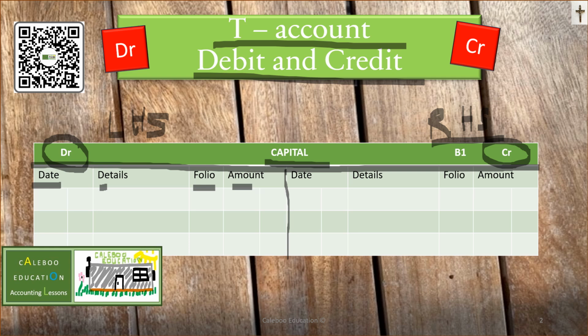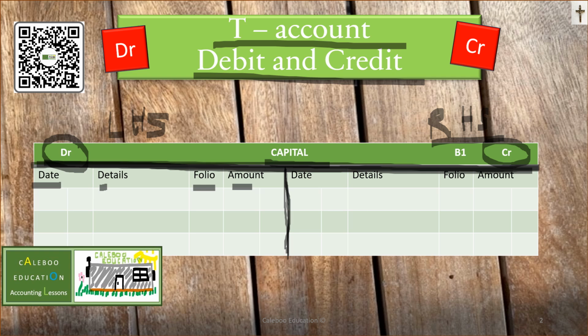Now you see, every single ledger account is divided into two sides, and if I divide the two sides in half, it forms a T, and that is where the term T accounts comes from. You will use T accounts in your workings.